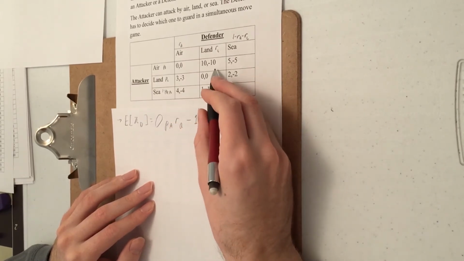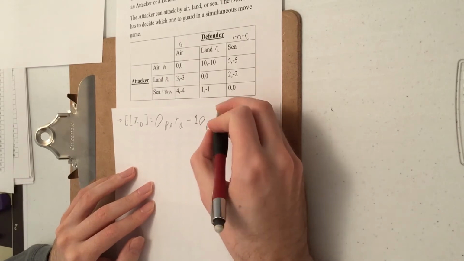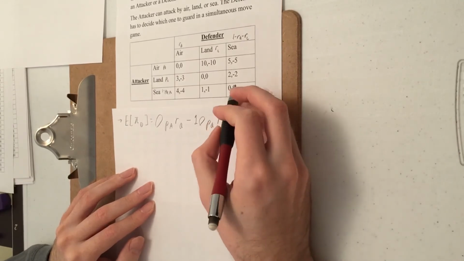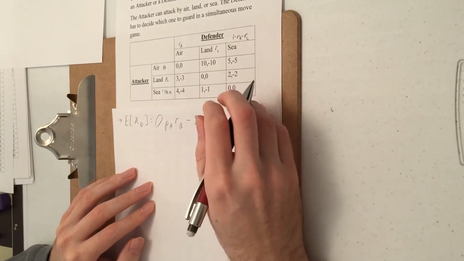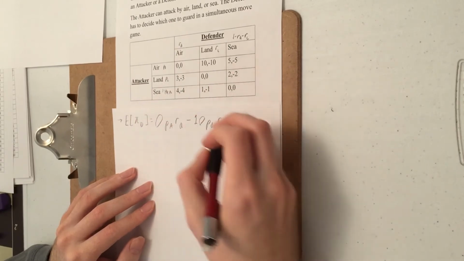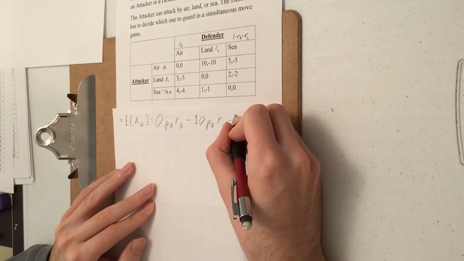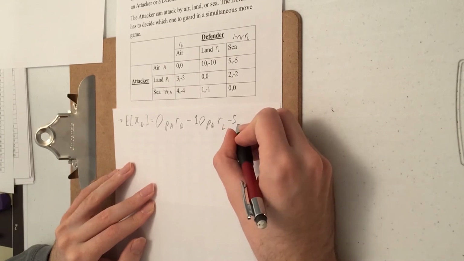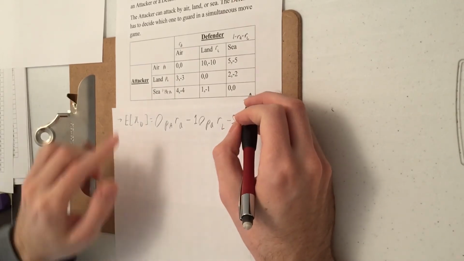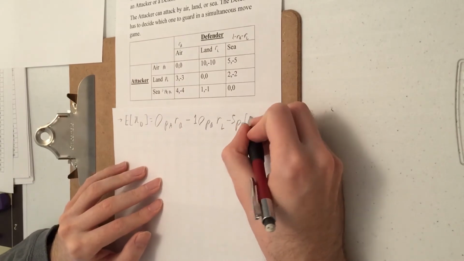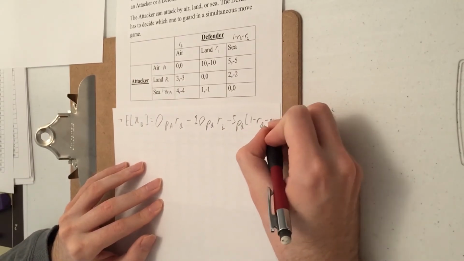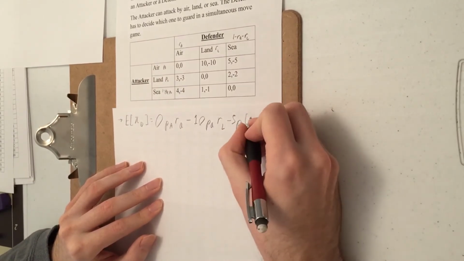That probability is PA times RL. We could also be over here getting minus 5. That gives the probability PA times 1 minus RA minus RL.